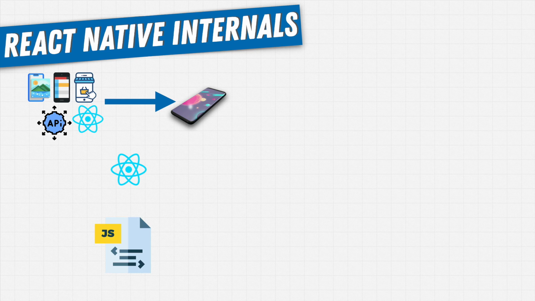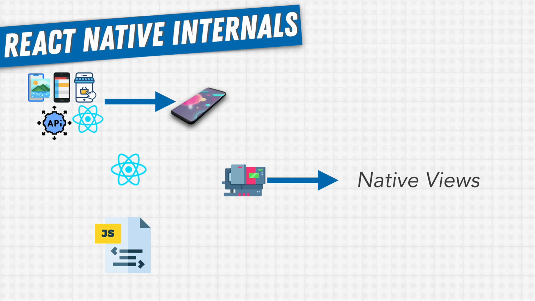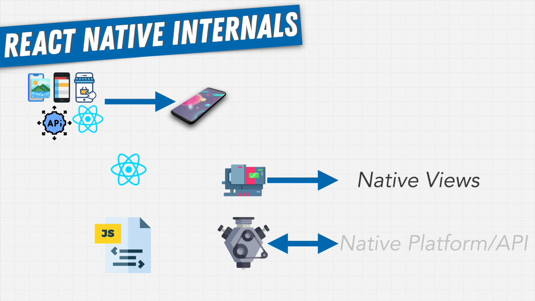So again, if we review, we have the views which get compiled into native views. So the phone receives the exact native code, so it's super, super performant. But it also receives this JavaScript virtual machine and the React Native Bridge to communicate with the phone as the user is using the app.